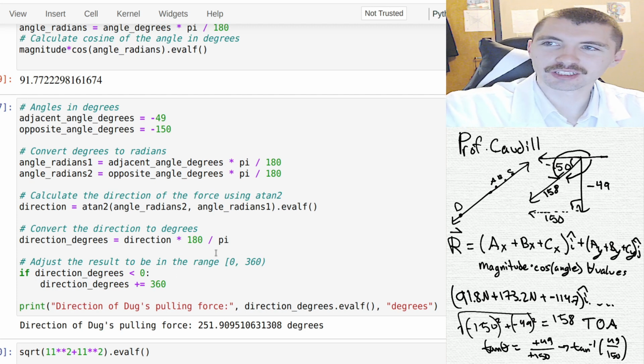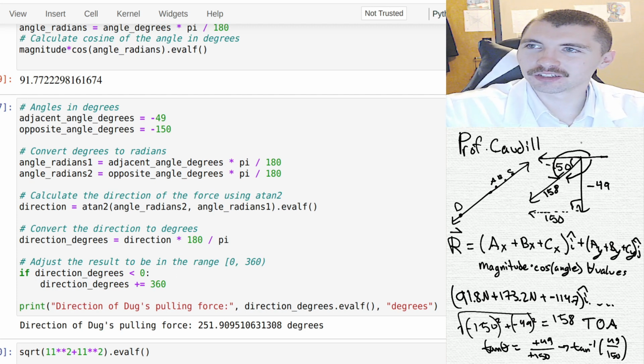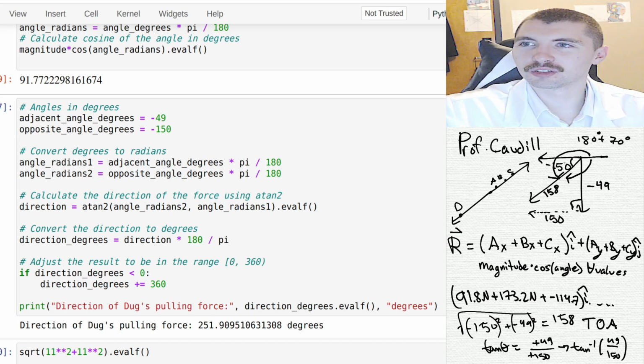Okay, so what is it saying? It's saying 180 degrees plus, what is that, 70? So let's look. Does this make sense? It's 70.